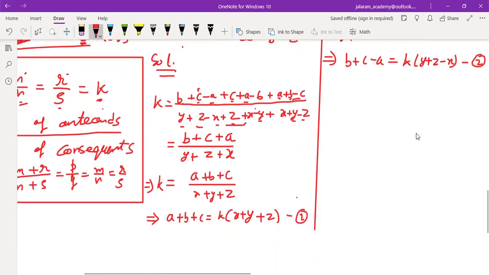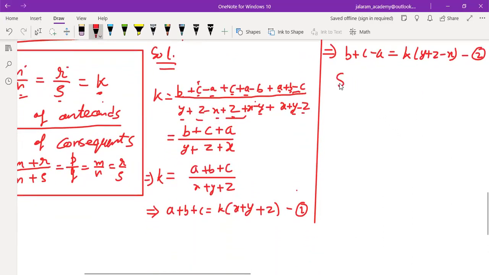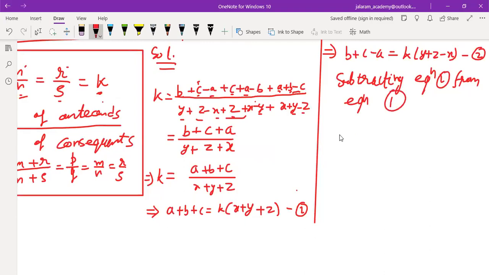And if we subtract equation number 2 from equation number 1, what will we get? Subtracting equation 2 from equation 1, we get, in equation 1, a plus b plus c equals kx plus ky plus kz.